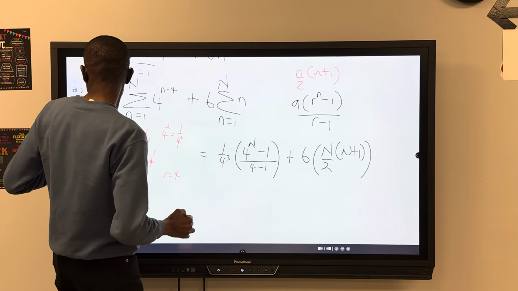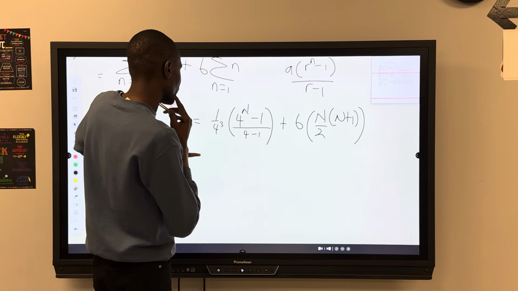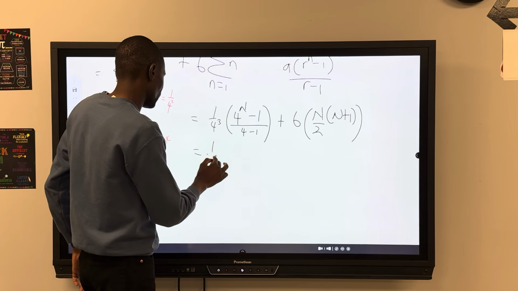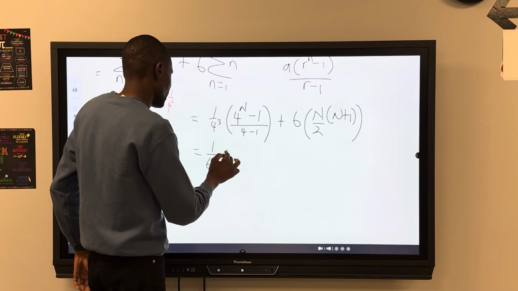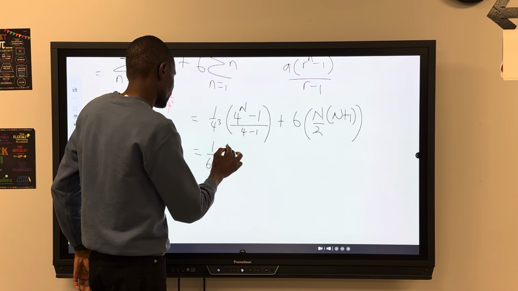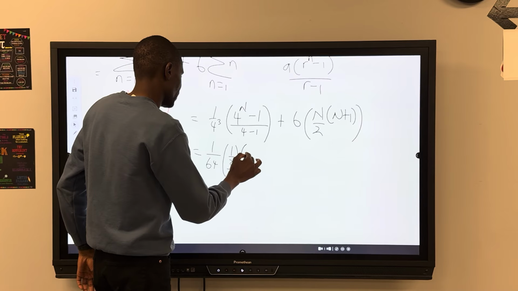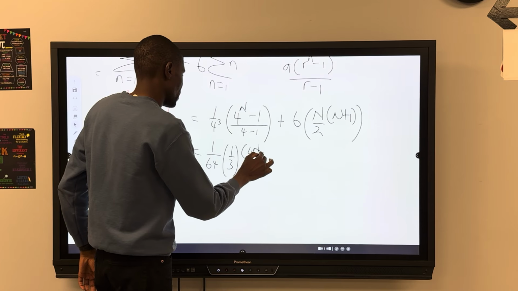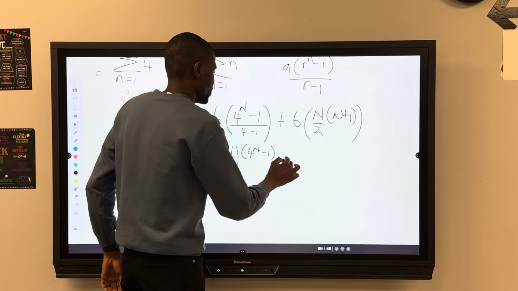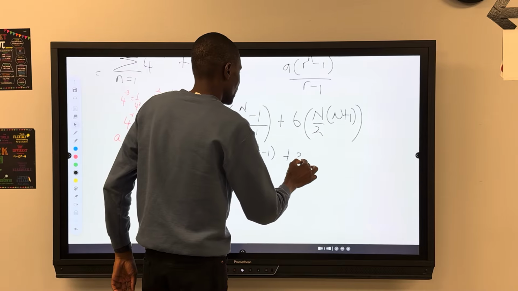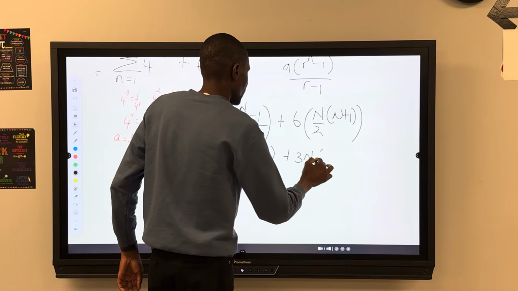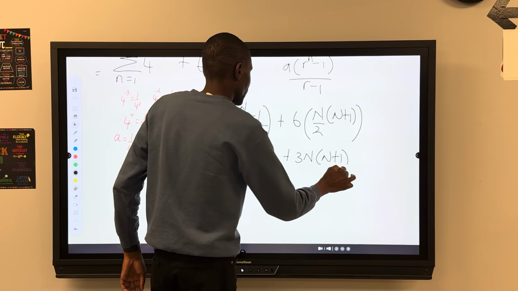If we simplify, we get 1 over 64 times 1 over 3, times 4 to the n minus 1, plus 3n of n plus 1.